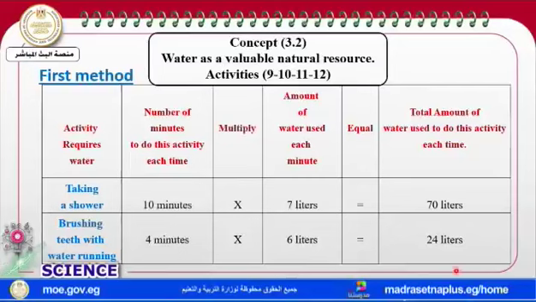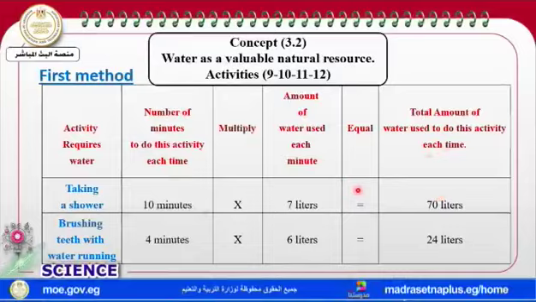We take the number of minutes and the amount of water in each minute and multiply the time with the amount of water for each minute. So we get the total amount of water used to do the activity each time.